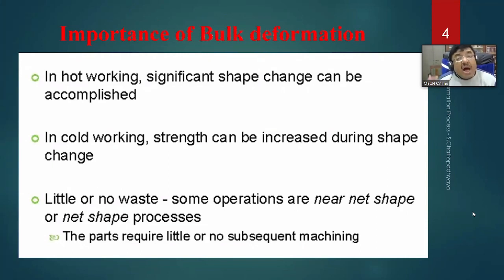What is wear? Unintended removal of material. What is machining? Intended removal of material. The difference between machining and wear is the intention. Is that clear? Where will it be a liability? If I want to do further machining of the cold worked part, definitely as the surface is hardened, I have to use a lot of effort.